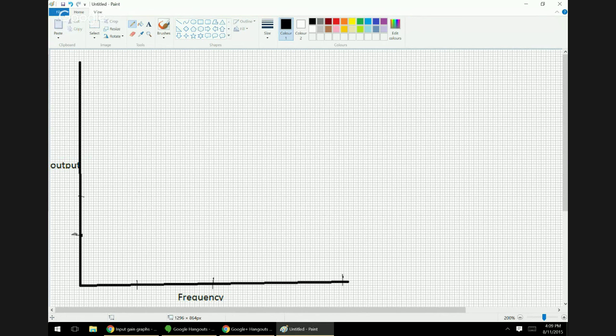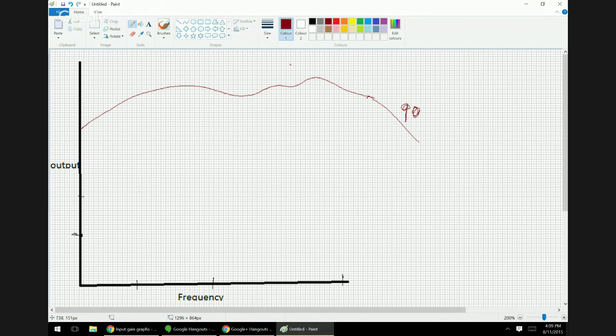So an OSPL 90 might look something like that. We fall off in the high frequencies and fall off in the low frequencies. So that's an OSPL 90 graph.